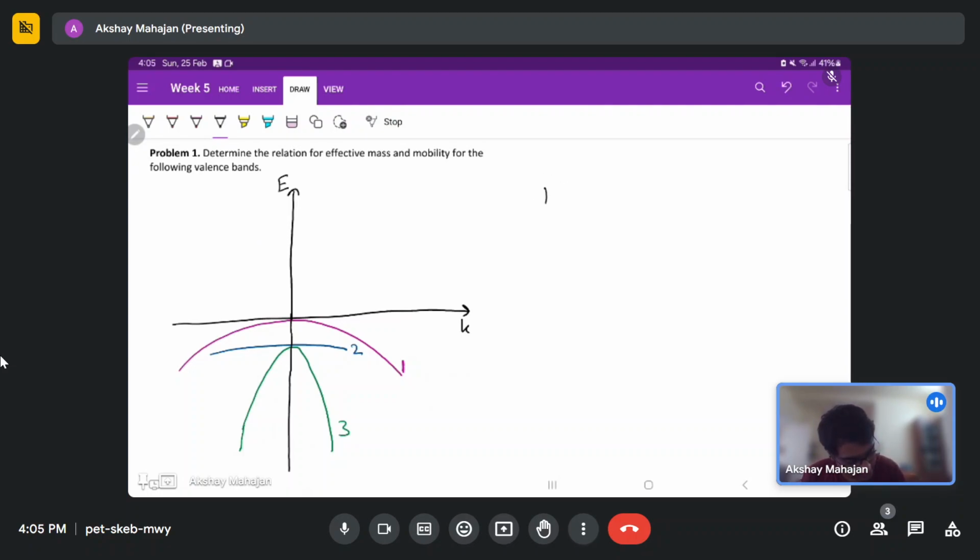is inversely proportional to the curvature of the curve. So del square E by del k square is the curvature of the curve.